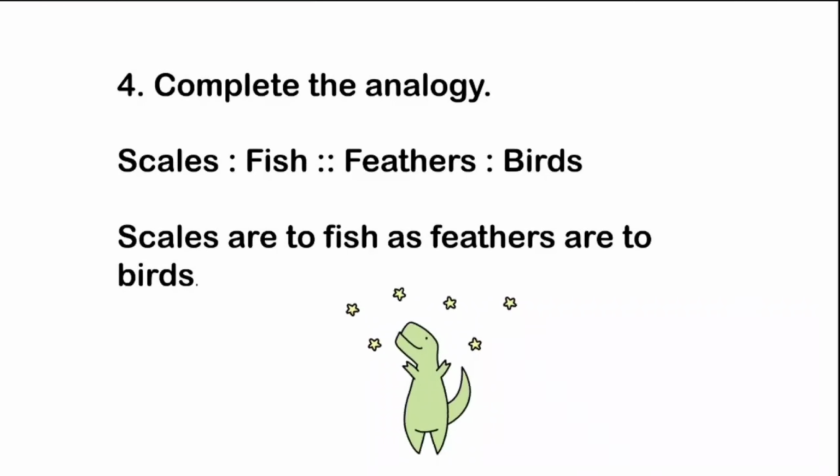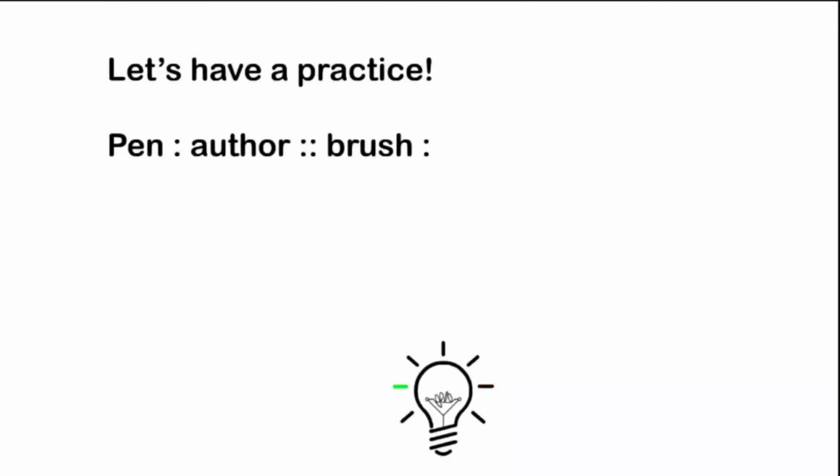Looking at the steps, do you now know how to solve an analogy? Well, if you do, let's have a practice. Pen is for author, as brush is for... You are correct. Brush is for painter.